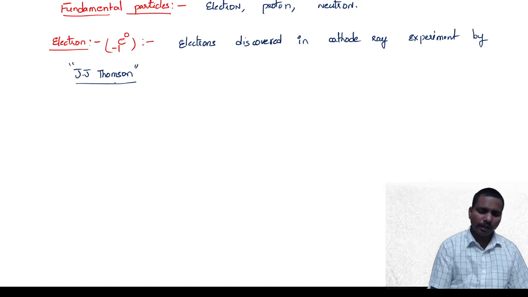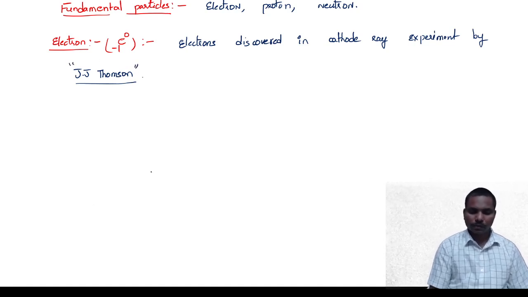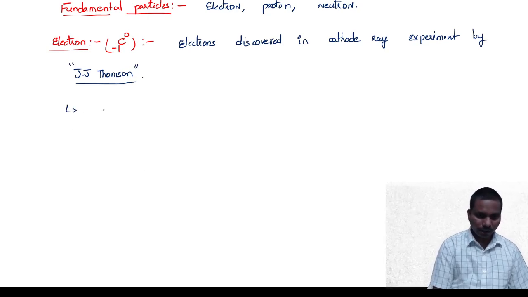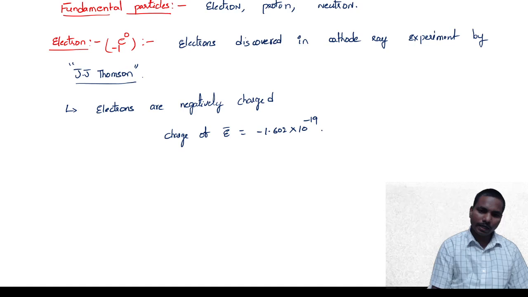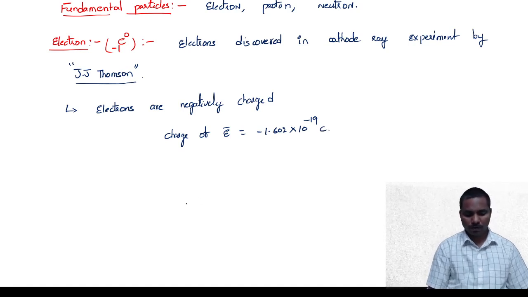Electrons are discovered by J.J. Thomson. And these electrons are negatively charged. Very important point. The charge of an electron is equal to minus 1.602 into 10 power minus 19 coulombs.